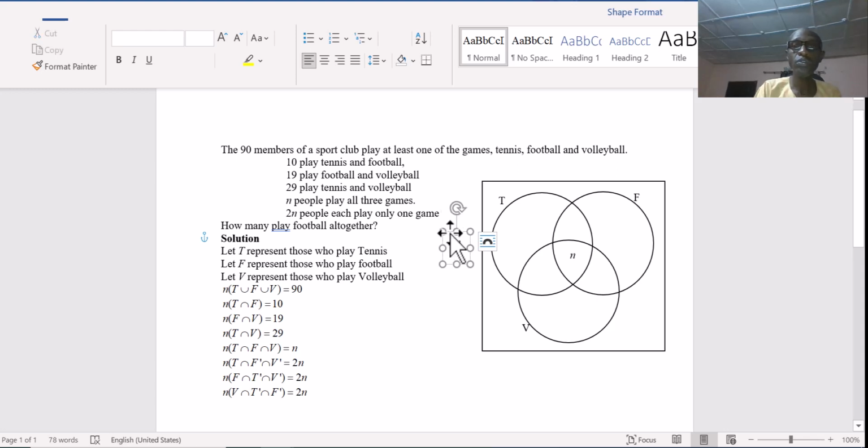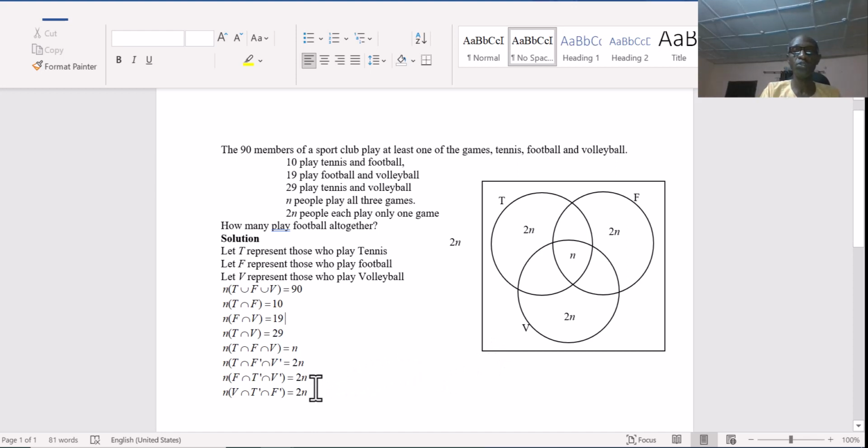So this place is 2N, this place is 2N, and this place is 2N. So it's taking shape.